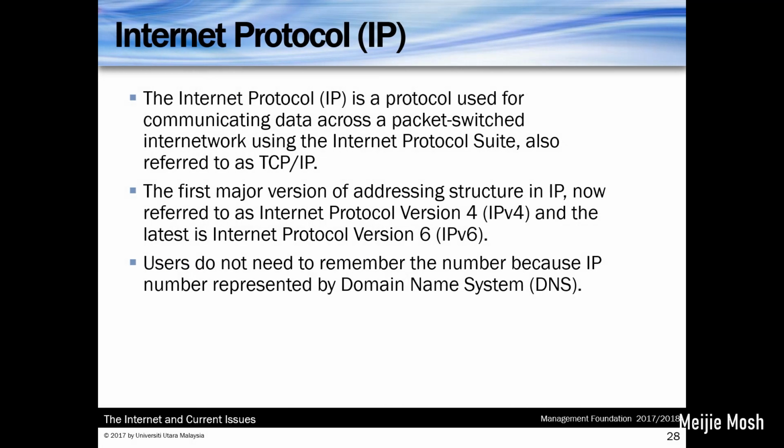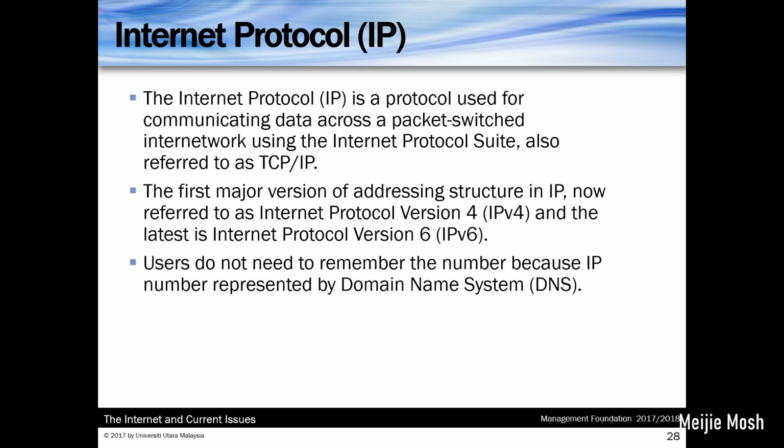The Internet Protocol is a protocol used for communicating data across a packet-switched inter-network using the Internet Protocol Suite, which is also referred to as Transmission Control Protocol and Internet Protocol.